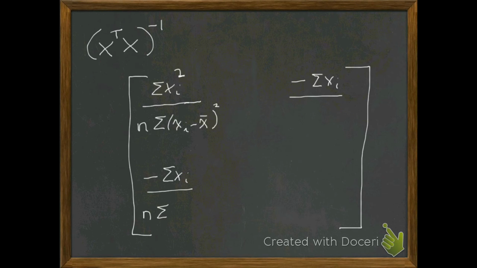And I probably should just write capital D, but I want you guys to have a clear visual of what we get here. So n times the sum of xi minus x bar squared. And of course, our A was just the sum of our ones.